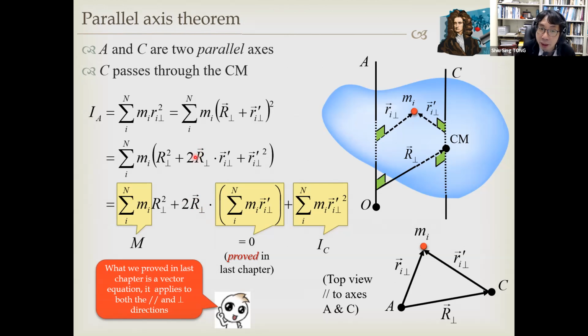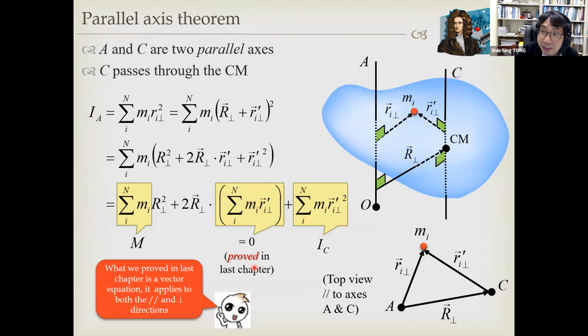I just take this constant term out, right? But as I proved in the last chapter, because the Ri per prime vector is a vector that points from the center of mass, right? It's a vector pointing from the center of mass. Okay, so the summation of this vector is 0. Okay, and that is proved in the last chapter when we discussed about center of mass.